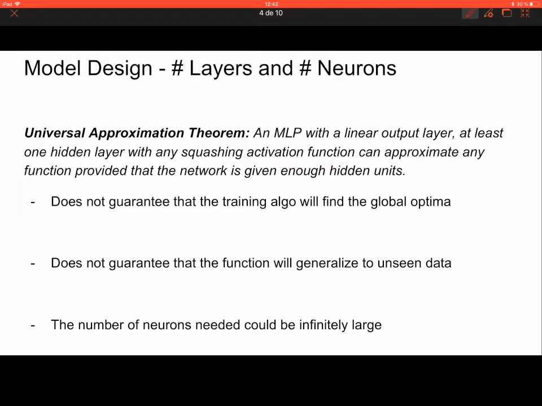Now we're going to talk about layers and neurons, and how we decide how many layers and how many neurons we need in our neural network. Our first choice could be having just a single neuron. And you remember from the first lecture, having just one neuron meant that our decision boundary was linear.